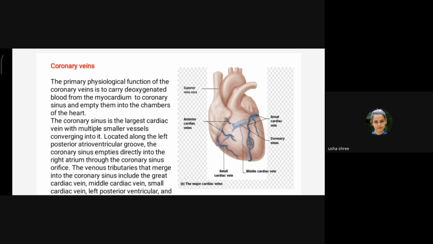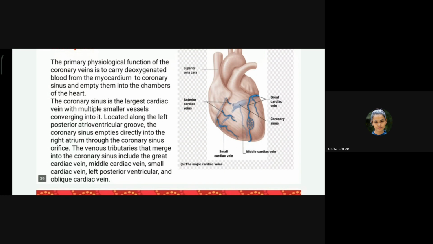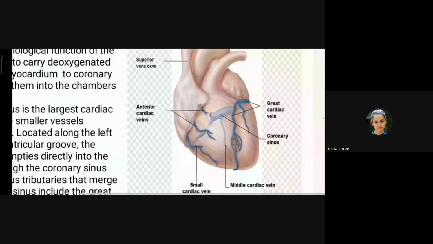So, the primary physiological function of coronary veins is to carry deoxygenated blood from myocardium to coronary sinus and empty them into chambers of heart. The coronary sinus is the largest cardiac vein with multiple smaller vessels converging into it. Okay. So, understood what is coronary sinus? You can see in this picture too.